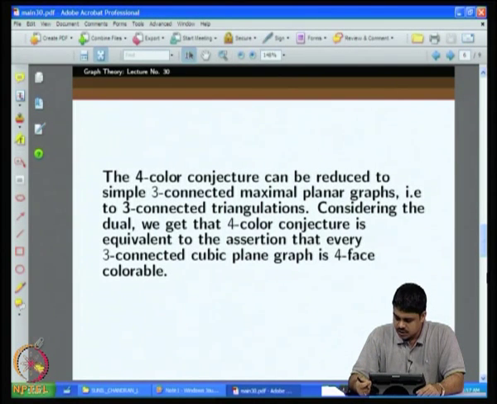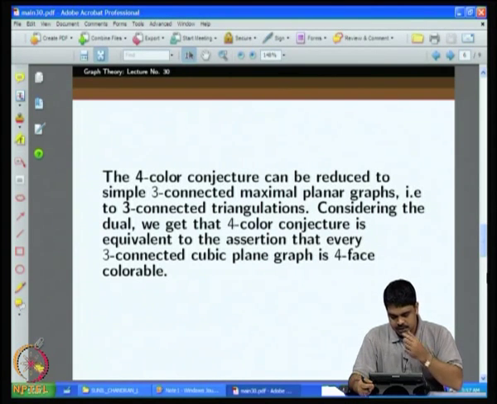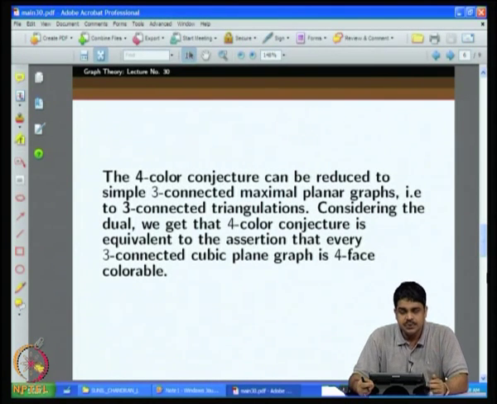This is essentially due to Tate, and when Tate tried to prove the 4-color conjecture, the first observation you have to make is that the 4-color conjecture can be reduced to simple 3 connected maximal planar graphs.